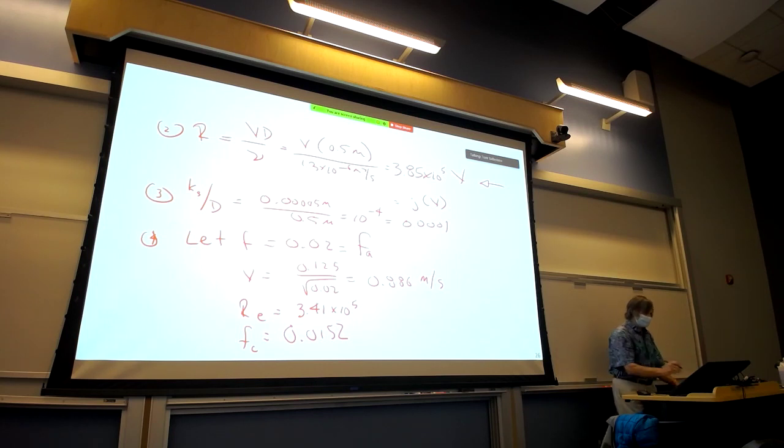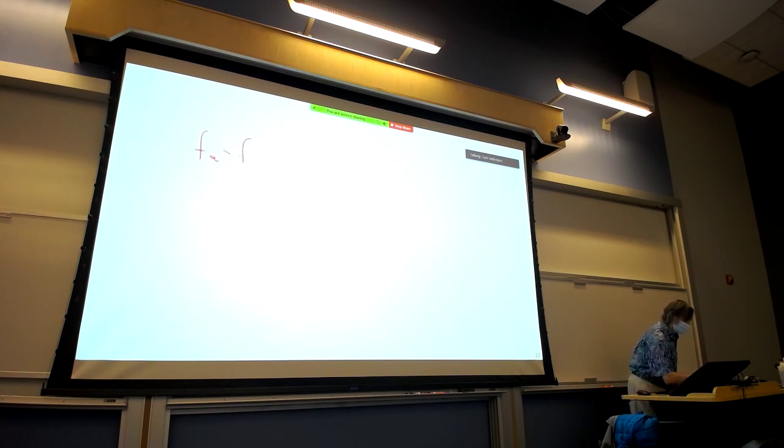So again, I use this Reynolds number and this relative roughness in the Swamee and Jain equation. And that gave me a computed friction factor. And now I need to look at the difference, F sub A minus F sub C. 0.02 minus 0.0152. And that difference is equal to 0.0048. And that is greater than the tolerance.